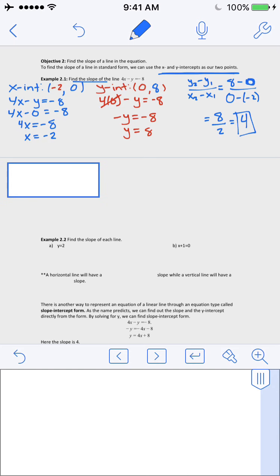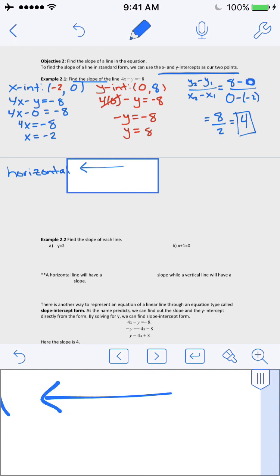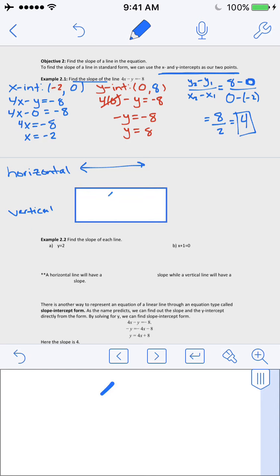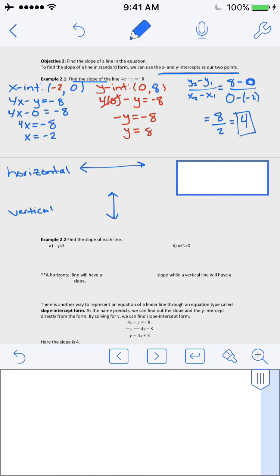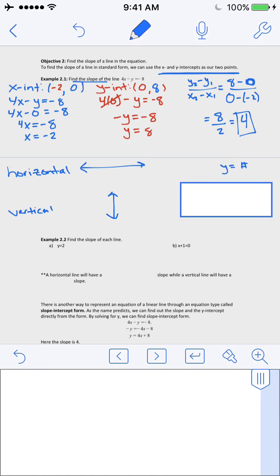So horizontal looked like this, and vertical looked like this. Now, which one was which? Which one of these had an equation y equals a number, and which one of these had x equals a number?